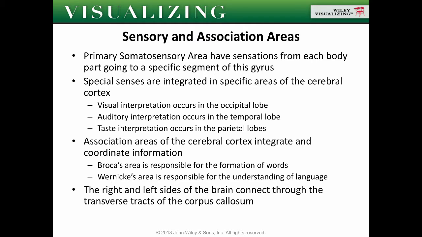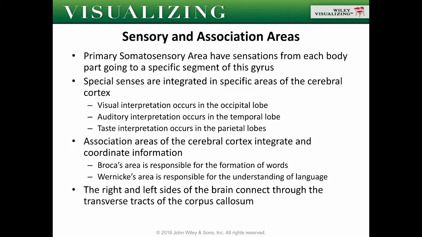I have read somewhere about a patient who, through an accident, had damage to the Broca's area and the Wernicke's area. These are areas that are linked to the understanding of language. So Wernicke's is for the understanding of language. So there was a patient whose Wernicke's area was damaged.